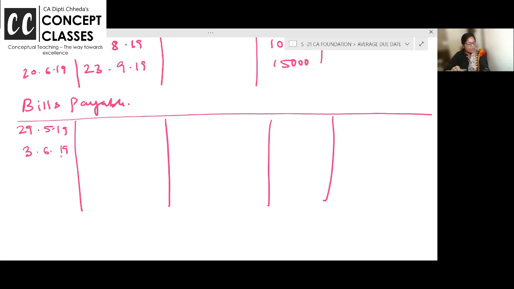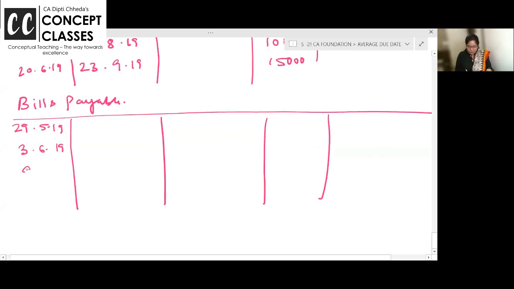Calculate the due date. So for bills payable, we have 3 dates: 29th May, then 3rd June, and then 9th June. Also copy the amounts: 2,000, 3,000 and 6,000.